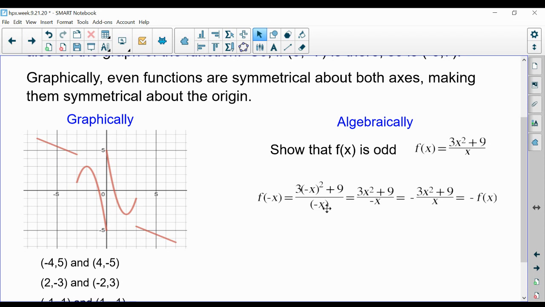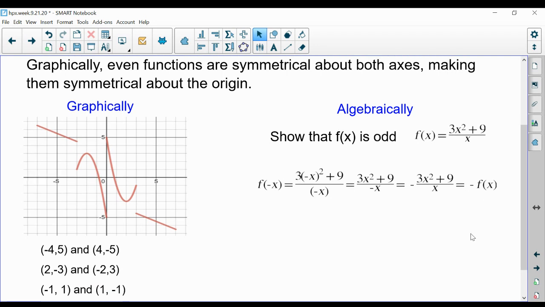But not so down here, you're dividing by -1x. But this fraction, if you're dividing something by a negative number, the whole fraction becomes negative. And look at this. This is negative 1 times this function, which is the original. So it's negative 1 times f of x. So it is odd. By replacing all the x's with their opposites, you get a negative f of x.